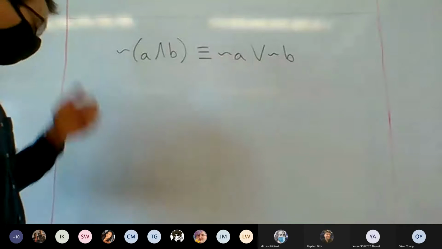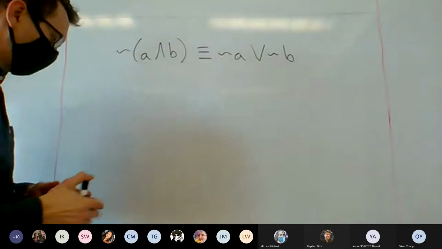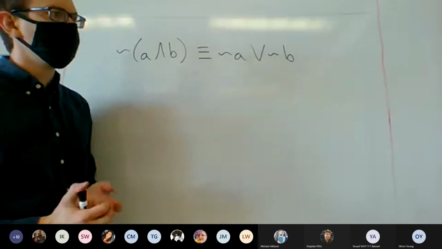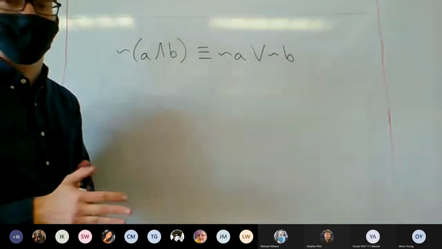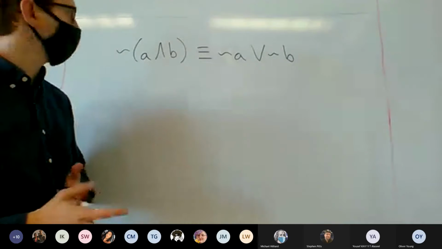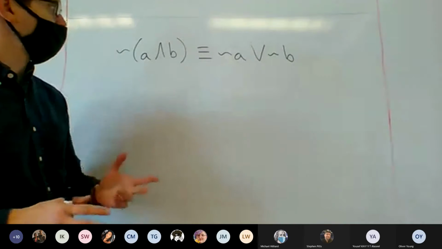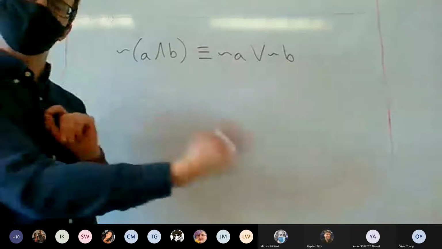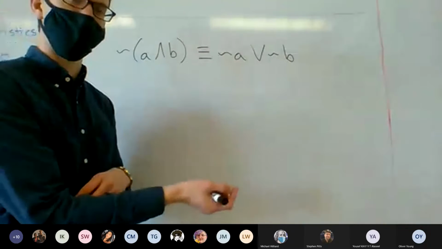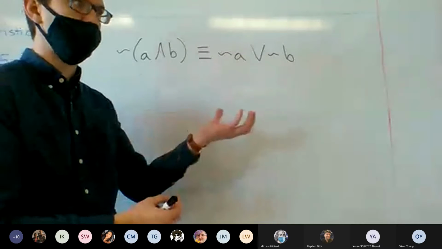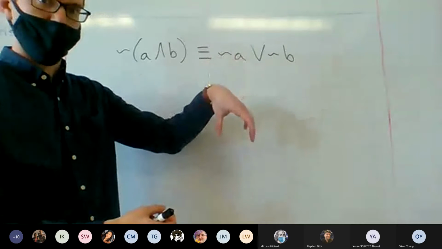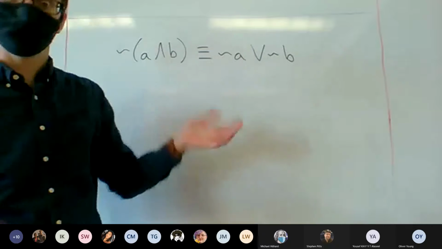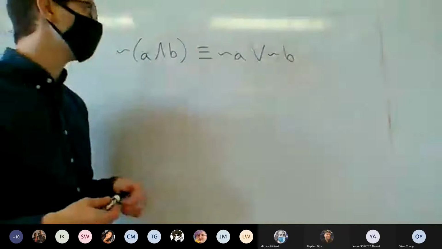Now, if you recall, we had some laws in the set theory chapter, the end of 2.4, that described the complement of a set distributing over an operation of union or intersection and flipping that operation. De Morgan's laws, right? De Morgan's laws for sets.